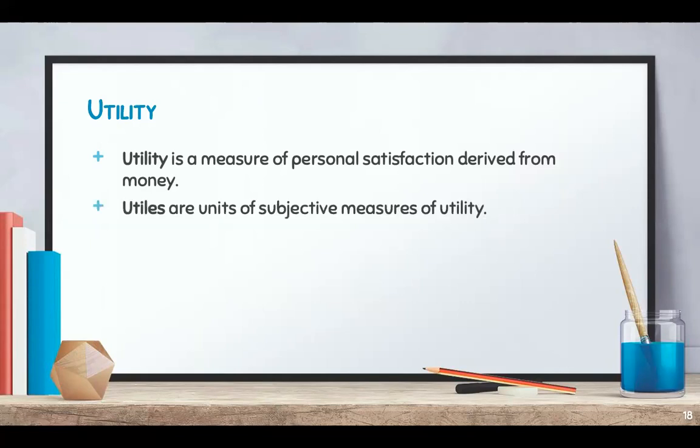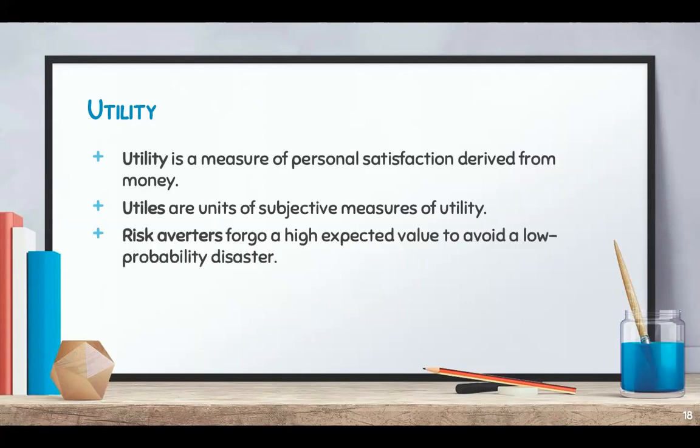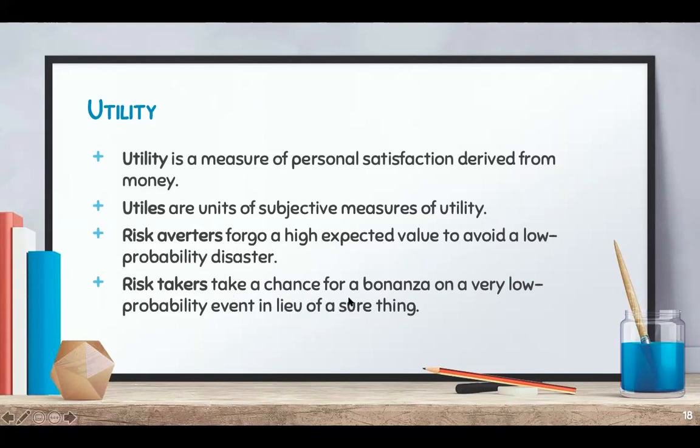Utiles are units of subjective measures of utility. And kapag risk averter ka, you forgo a high expected value to avoid a low probability disaster. So for example, yun na nga, kahit mataas yung expected value ng insurance, bibilin mo pa rin kasi ayaw mo magkaroon ng low probability disaster. Pero pag risk taker ka, you take a chance for a bonanza on a very low probability event in lieu of a sure thing.